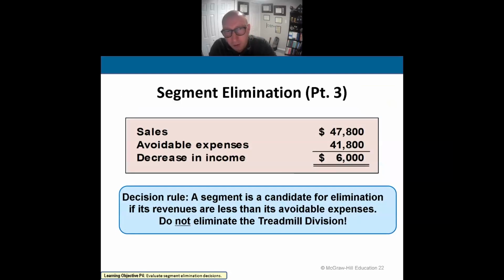So a way to figure out what the change in income would be: we take sales minus your avoidable expenses, which will give you a decrease in income of $6,000. So the decision here would be to keep the division, because you would lose less by keeping the division rather than eliminating it.